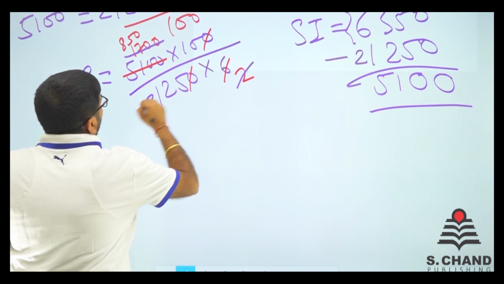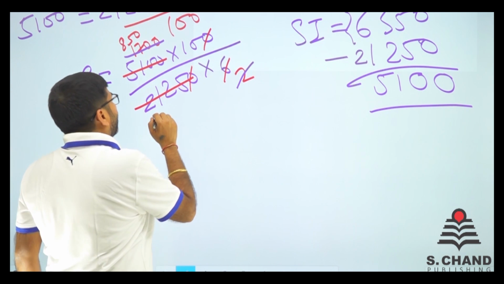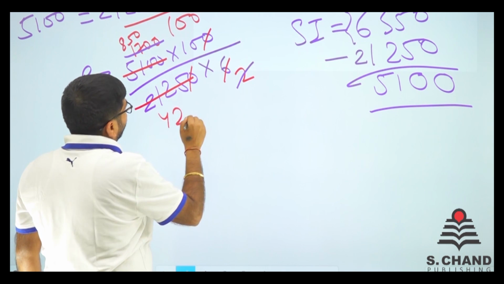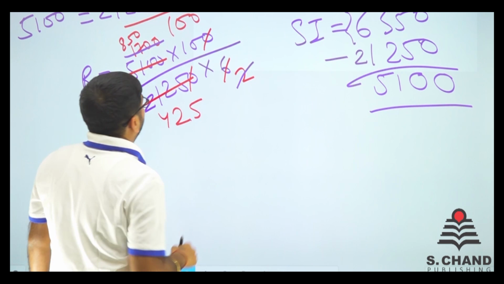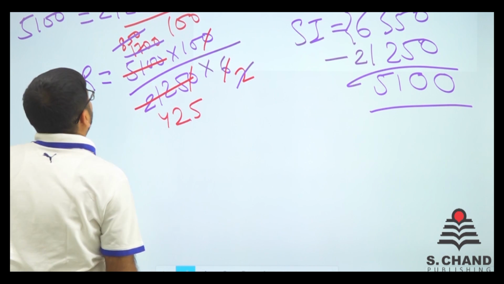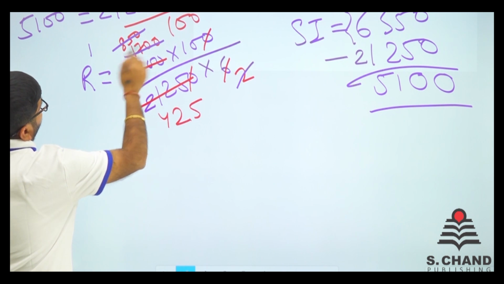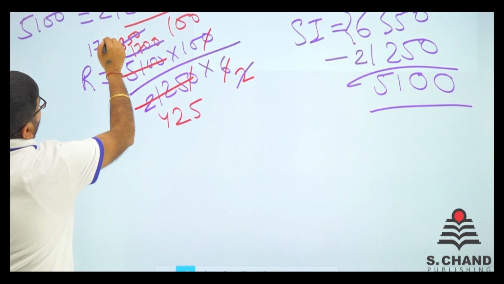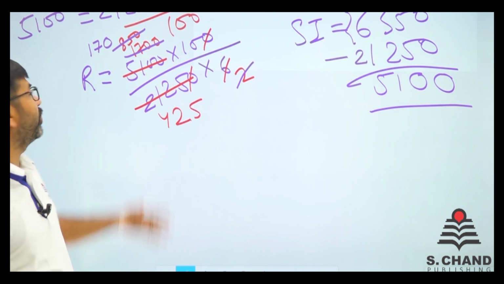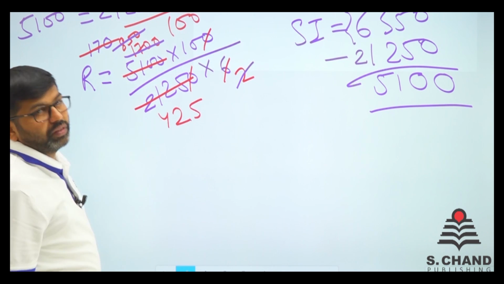Now divide this by 5. 21 is like 20, that is 4 times, and 25 is 5 times. So when you divide 850 by 5, you get 170. So 170 again you divide by 5.